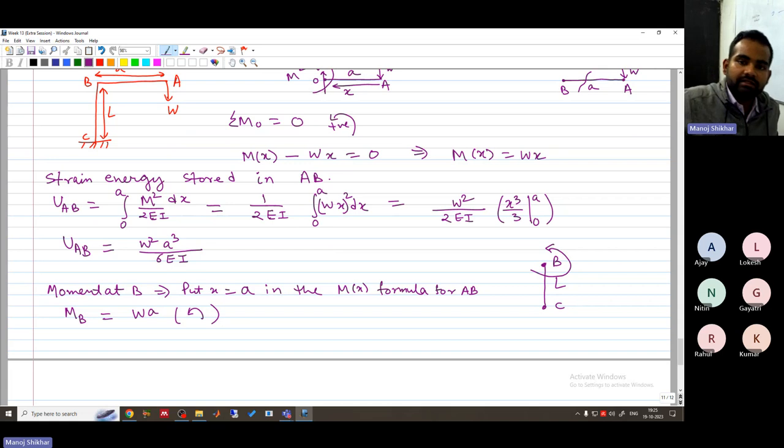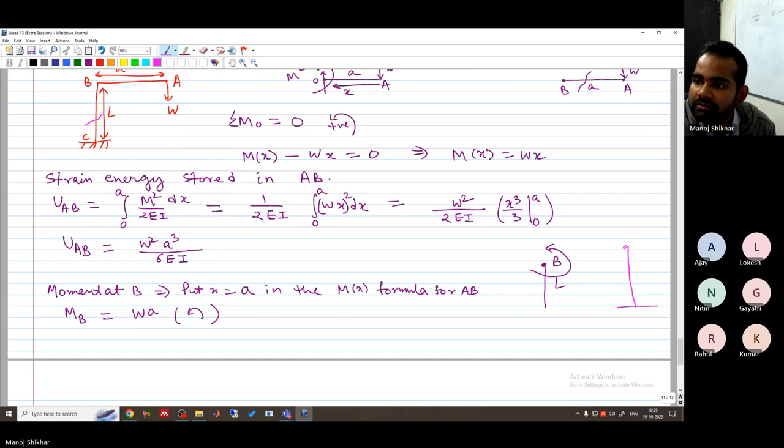So when we separate CB from this structure and take a section, let's assume CB is something like this. This is our C, this is our B, and here MB is there.